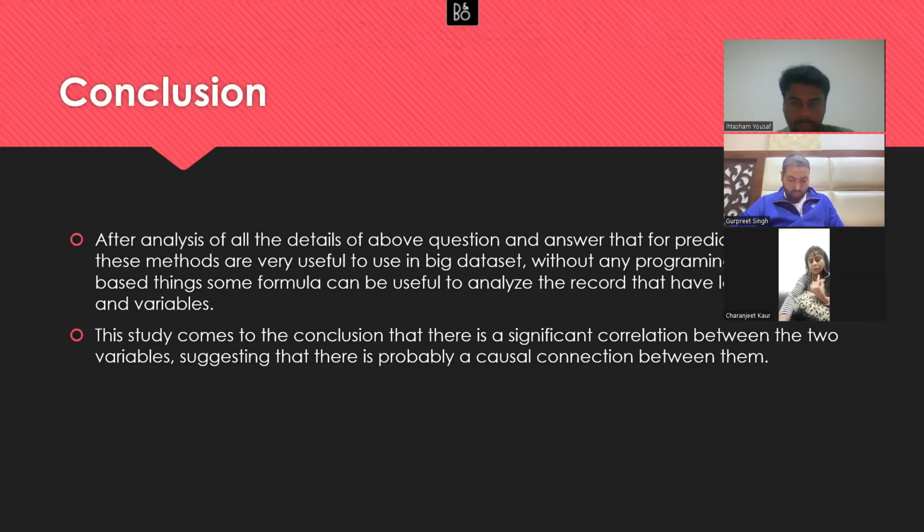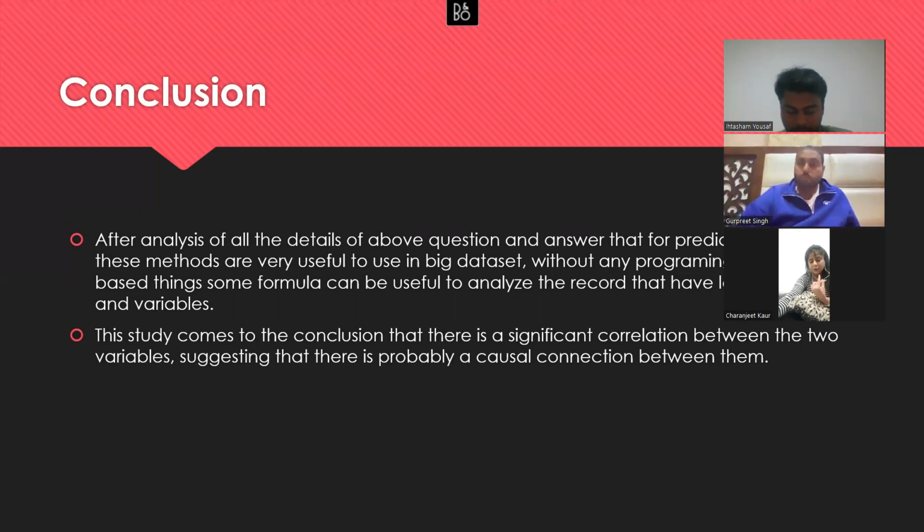Finally, it concludes that after the examination of all the details of the above questions and answers, for prediction analysis, these methods are extremely useful for a big database and without any programming or code-based things. Some formulas can be useful to analyze records that have lots of values and variables.